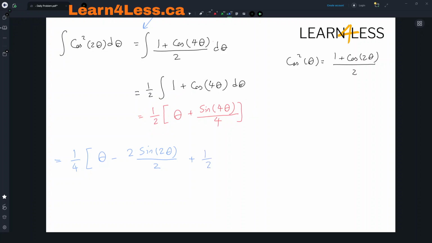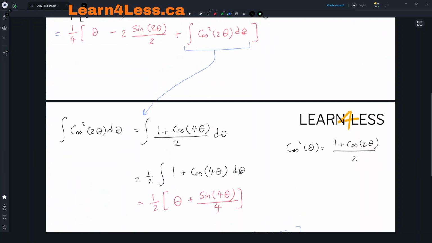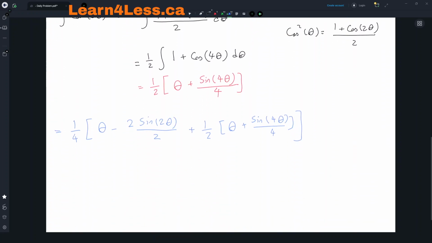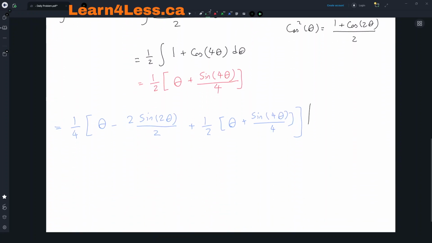So I write it as 1/2 theta plus sine of 4 theta over 4. And we don't forget the bounds are the same, 0 to pi over 4. So at the end, we need to replace them by 0 and pi over 4.